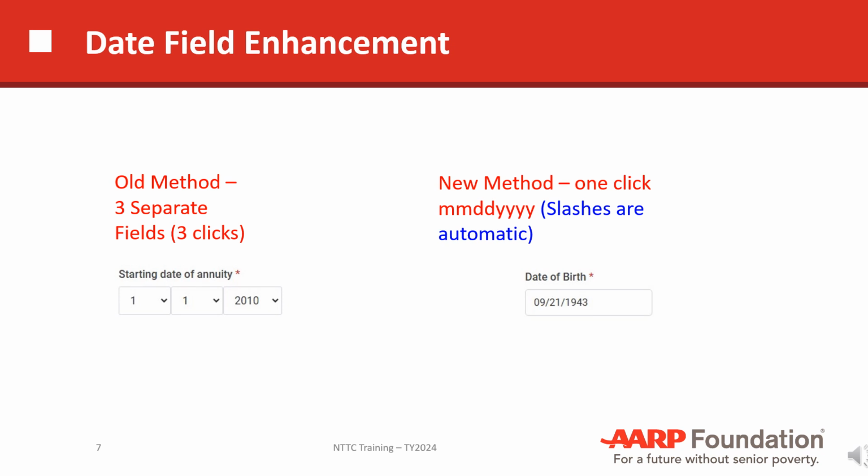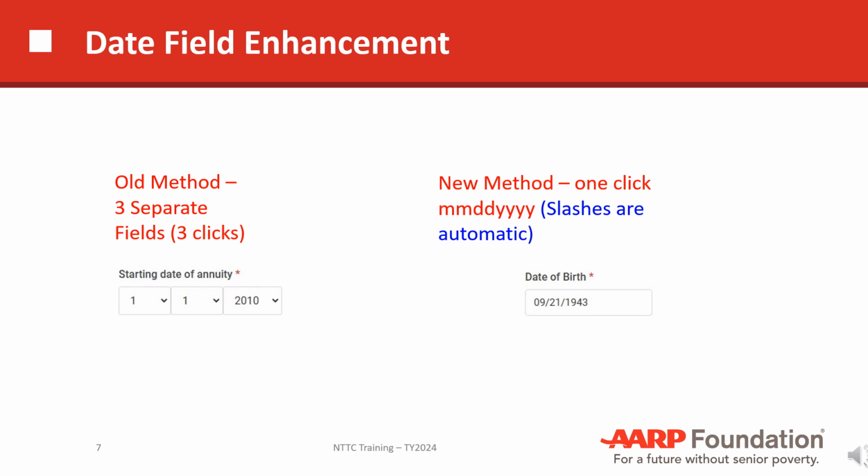You had to enter the 1 all by itself. And the same thing with the day. If it was less than 10, you'd have to enter a number 8 or a 9 or whatever, but without the leading 0. So it was inconsistent with the way dates are normally handled in other software products.